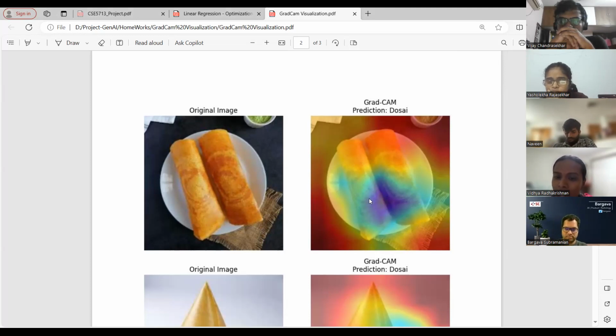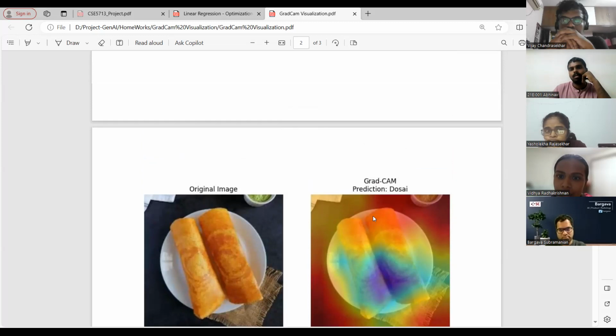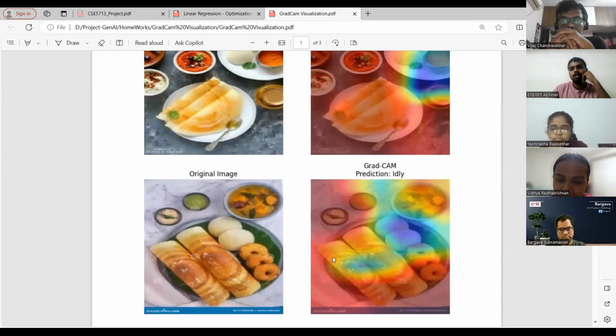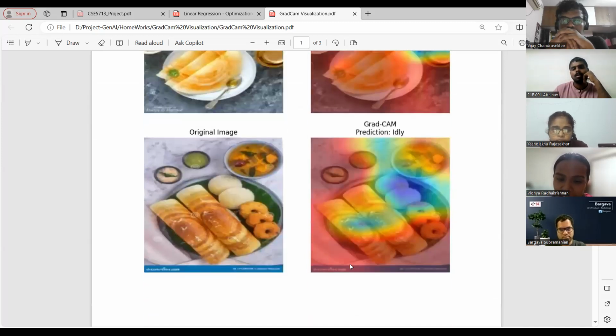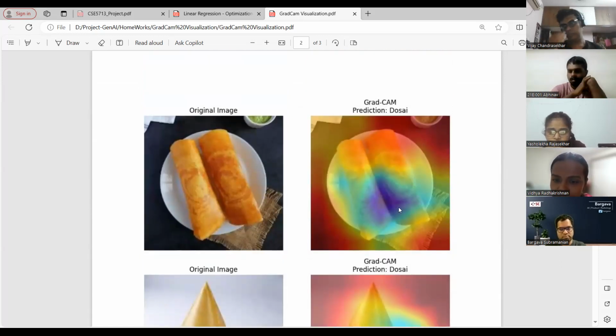So mainly it is based on this blue spot. It has predicted Dosai based on it, and not considering any other spots. It is the pattern that is recognized by the layers, am I right? Yeah, I guess so. But what we can see here is, even though we had, this area has been given weightage similar to this one, right?